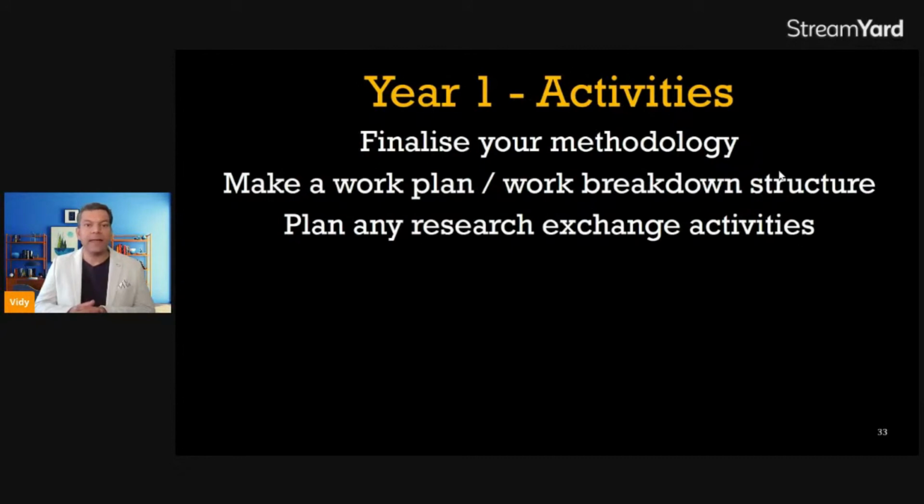If you are planning any research exchange activities, say spending 6 months at some other university, then you can also start contacting potential universities or professors where you want to go and spend time.